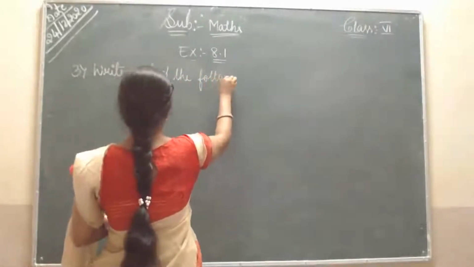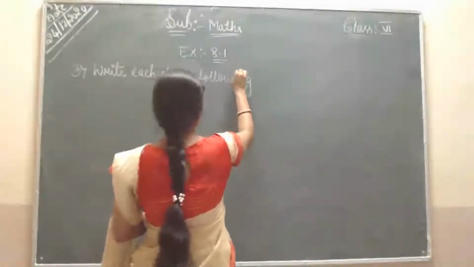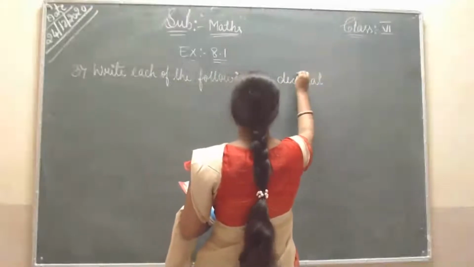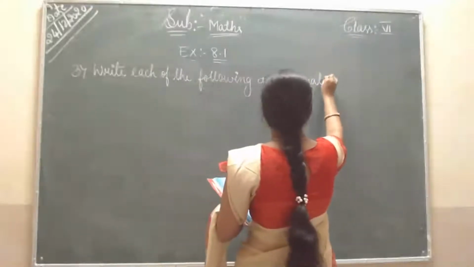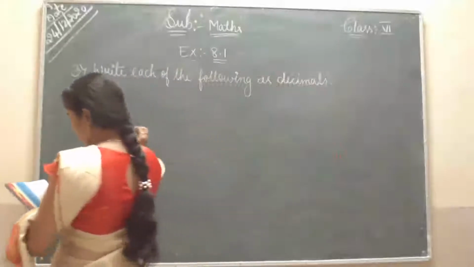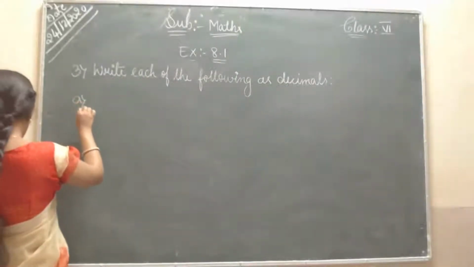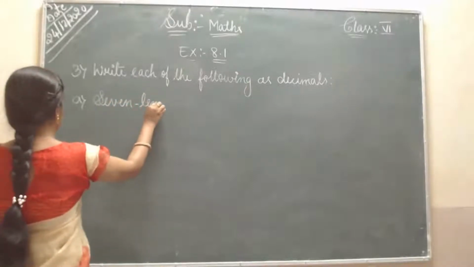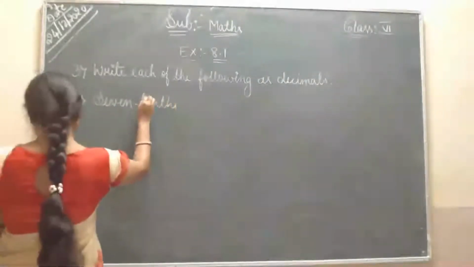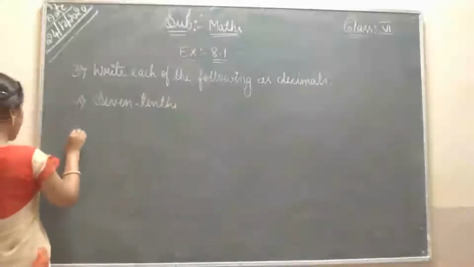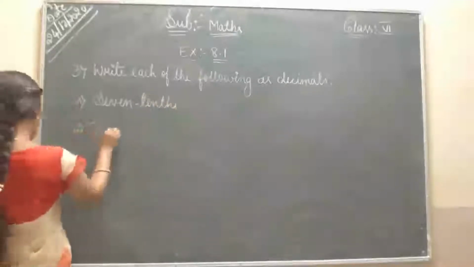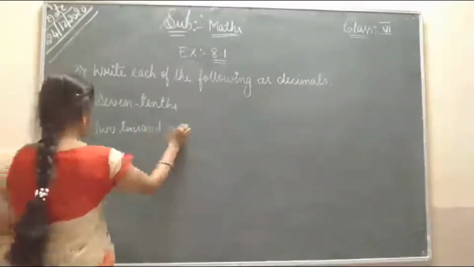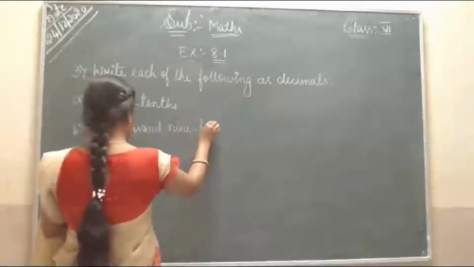See here, statements are given, we have to write in decimal. A, 7 tenths. B, 2 tens and 9 tenths.